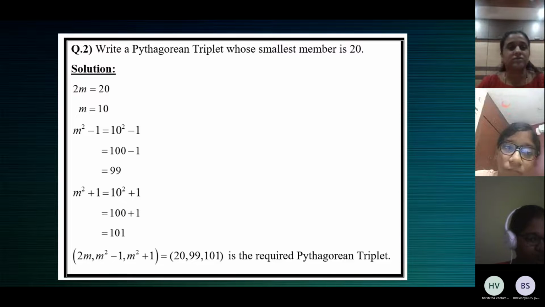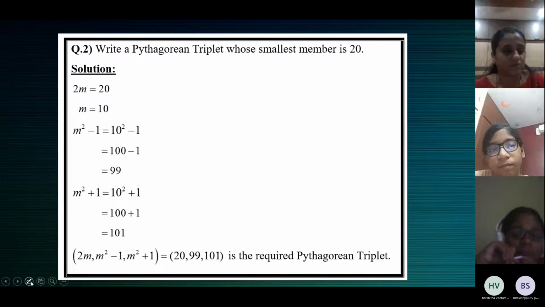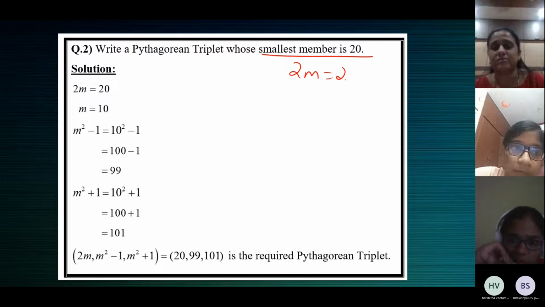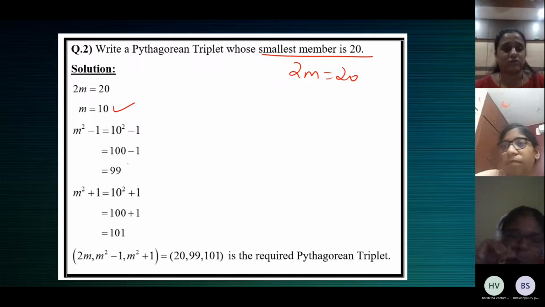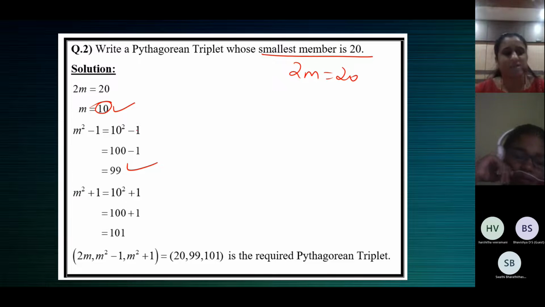Children, do we understand this? Since it's given the smallest member should be 20, that means 2m is equal to 20, because the smallest member of a Pythagorean triplet is 2m. So m is equal to 10. Now find m square minus 1 and m square plus 1. The value of m is 10, so 10 square minus 1 and 10 square plus 1.